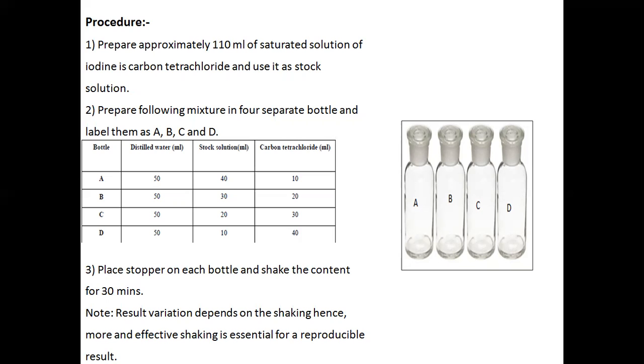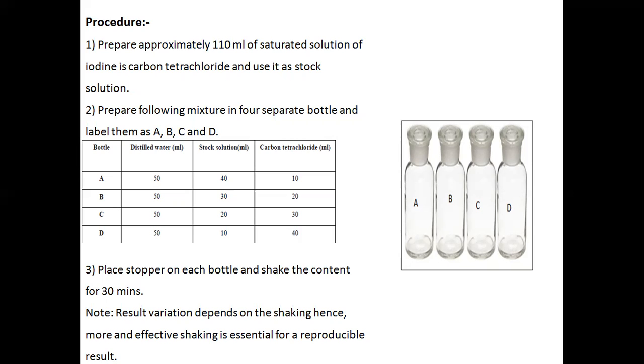B bottle will contain 50 ml distilled water, 30 ml stock solution and 20 ml carbon tetrachloride. C bottle will contain 50 ml distilled water, 20 ml stock solution and 30 ml carbon tetrachloride.